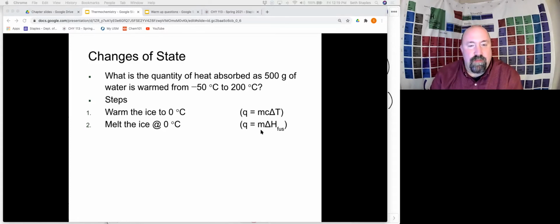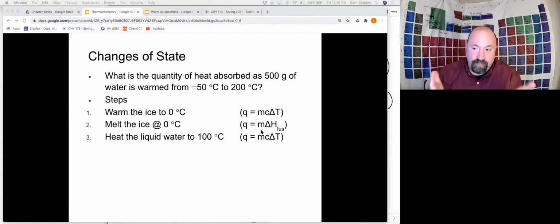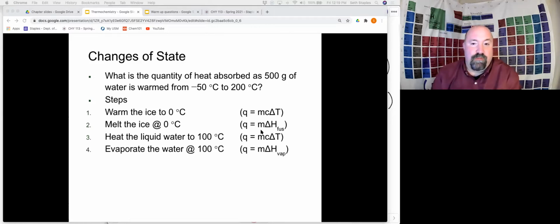Then our next step, remember now we're at liquid water at 0 degrees C. We're going to warm that liquid water up to 100. So there's Q equals MC delta T again. Now we're at liquid water at 100 degrees C. We need to convert that to steam. For that phase, our Q is going to be equal to our mass times the heat of vaporization.